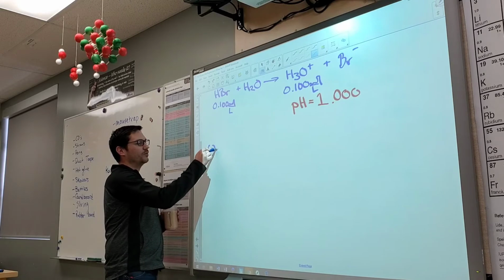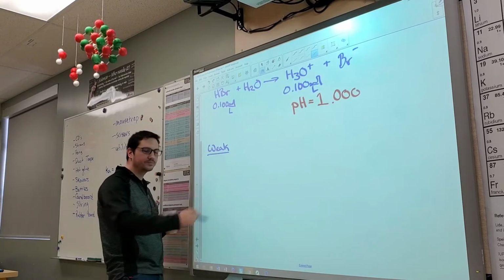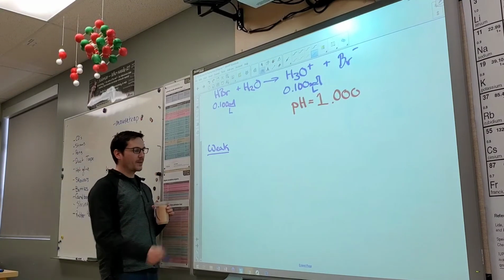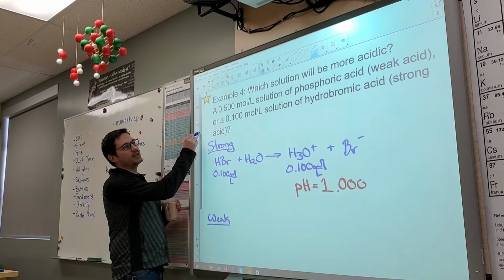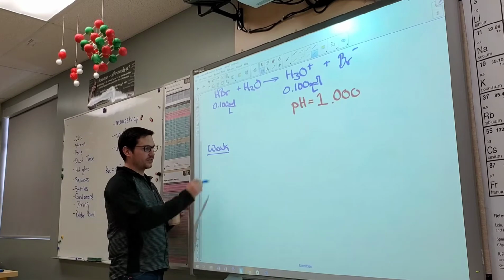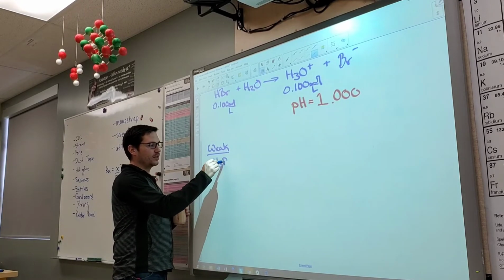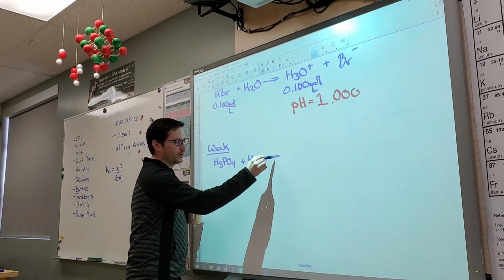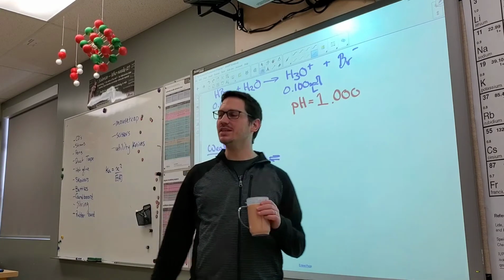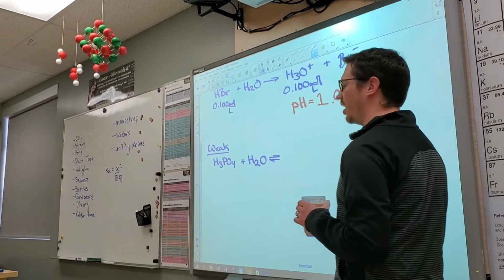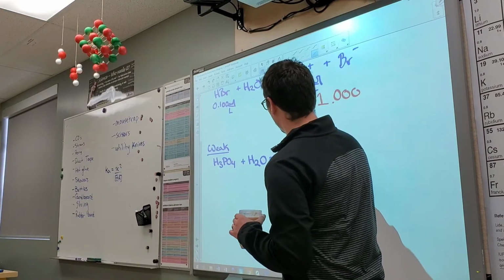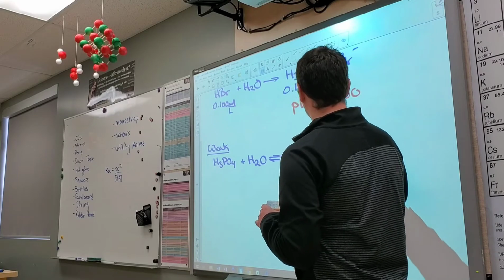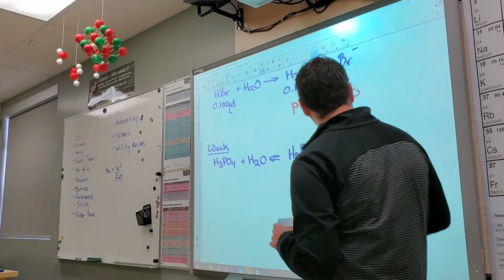Now let's do the weak acid. It is phosphoric acid, so H3PO4 is going to react with water, but this time it's in an equilibrium. It doesn't react 100%. We're going to get H2PO4 and hydronium.